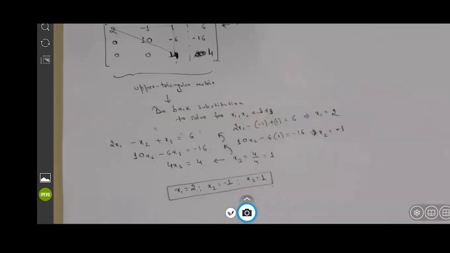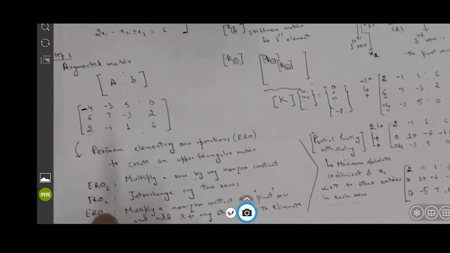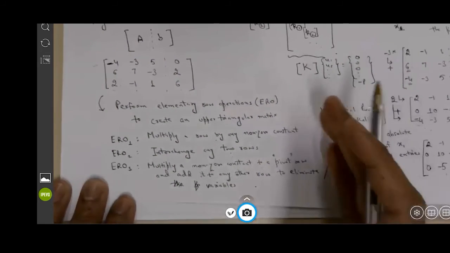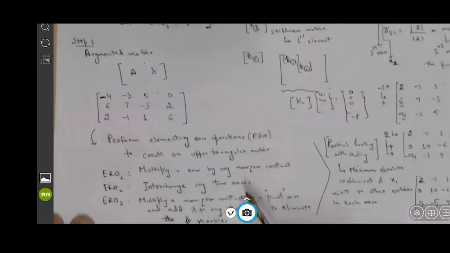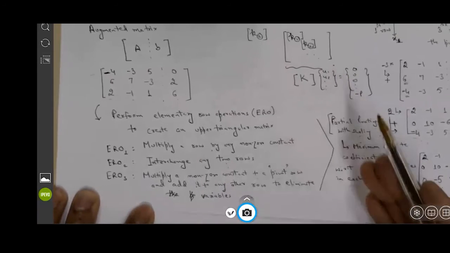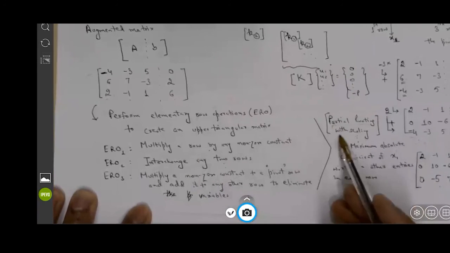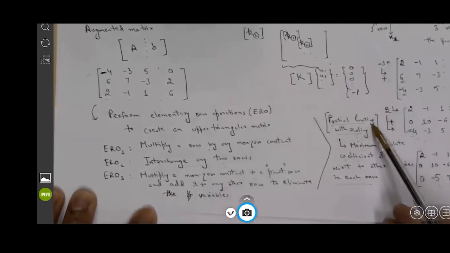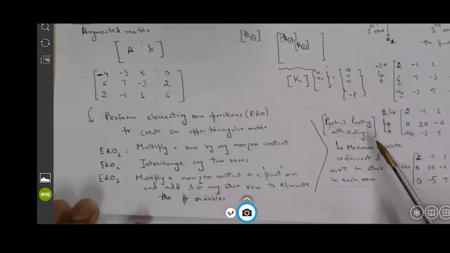Yeah. So if I go back and read this sheet again, I was showing you all the steps and the elementary row operations. If you have read chapter number 8, you probably have not come across this term, partial pivoting with scaling. The reason I mention this concept is because this is exactly what you will be learning in chapter number 11.